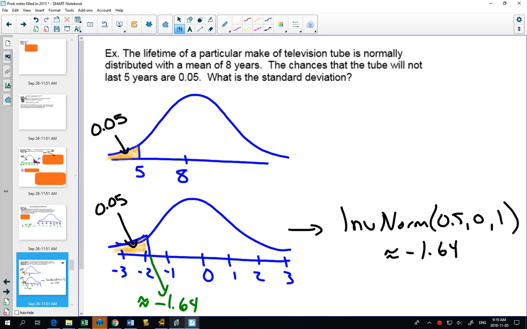0.05. And now that I have that, we could say, well, there's a formula for changing the 5 to the negative 1.64. There's a way of standardizing things.